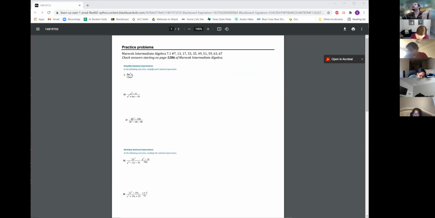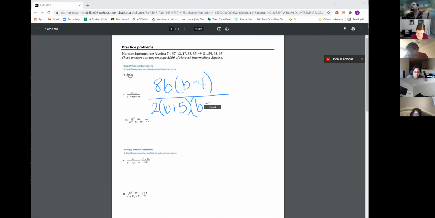All right, so I started off by factoring the top, and that just turned into 8b, and in parentheses, b minus 4. And then the bottom turned into 2, in parentheses, b plus 5, and another parentheses, b minus 8.